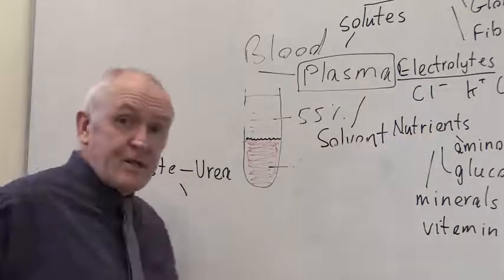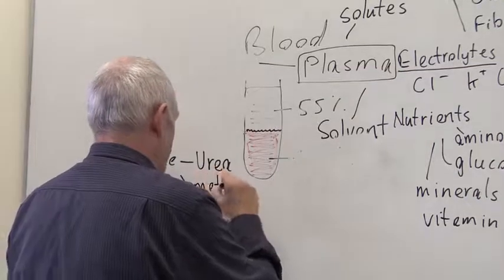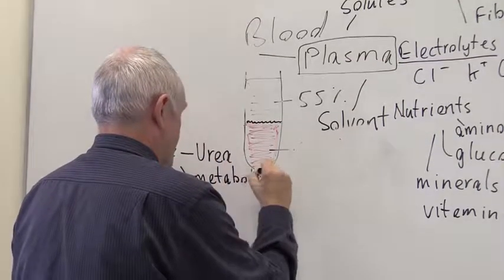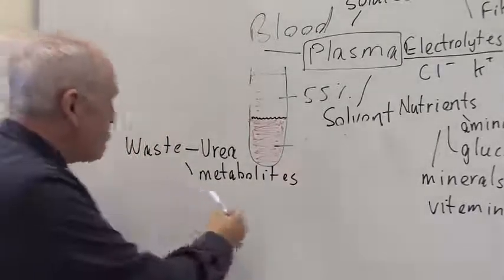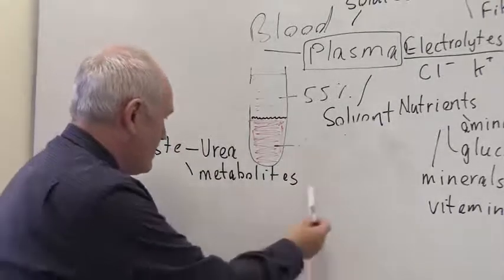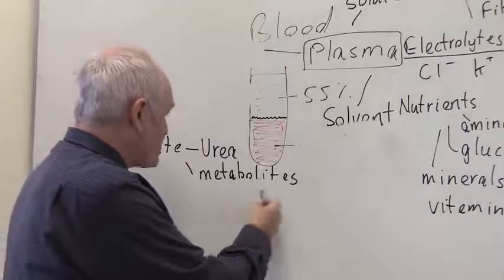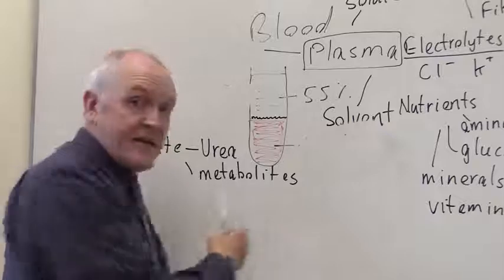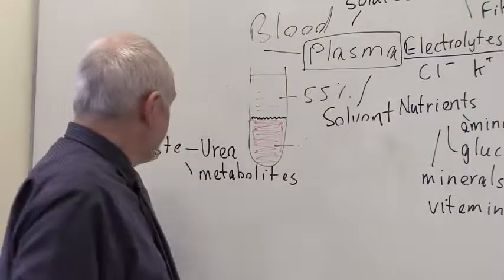And also the liver is going to break down toxins into metabolites. And the metabolites are breakdown products of larger molecules, and the liver makes them more soluble. Again, so they can be readily excreted in the urine.